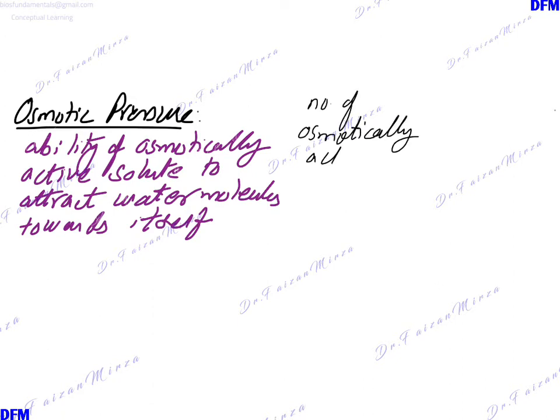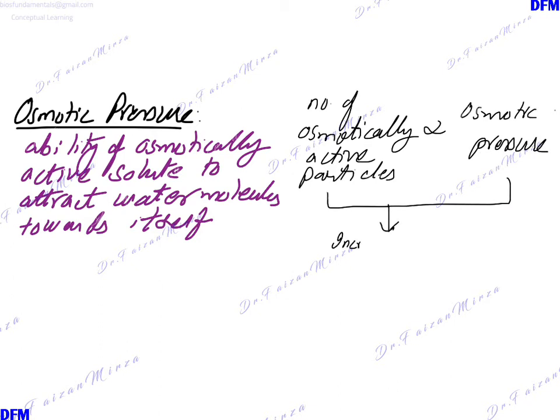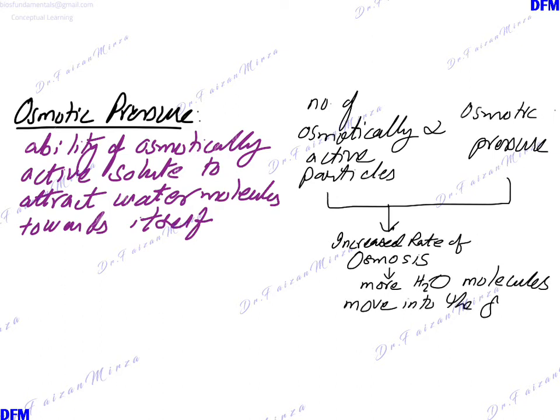The number of osmotically active particles is proportional to the osmotic pressure. So an increased rate of osmosis would mean that more water molecules will move into that solution, because there are more osmotically active solute particles pulling more water molecules towards themselves.